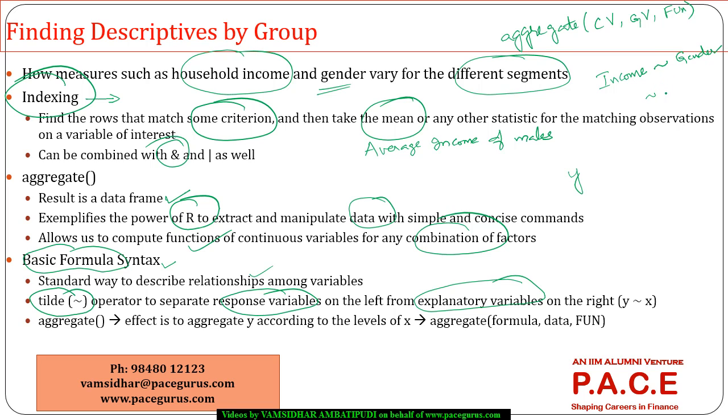Or let's say income across the segments as well as gender. I separate it with a plus sign. So I can use this kind of formula as an input into the aggregate. I'm trying to aggregate y across the levels of x. So I can define a formula, I can define my data, and I can define my function. This is another way of using aggregate, where I can define the formula as a relationship between x and y, and define the data as well as the function part.